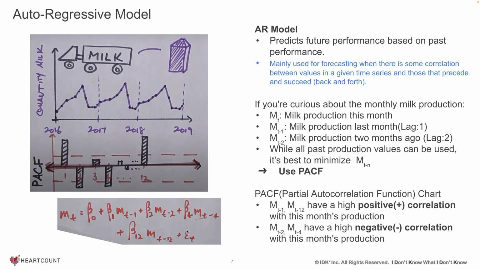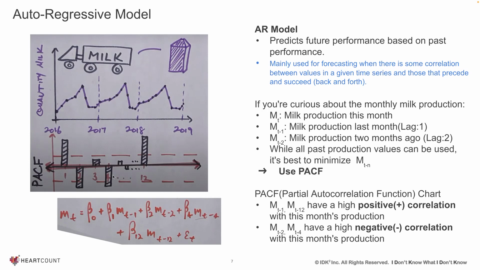The PACF chart identifies which past values are pivotal for the forecast. Only values with significant direct correlations are incorporated into the AR model, ensuring it's streamlined and avoiding overfitting.